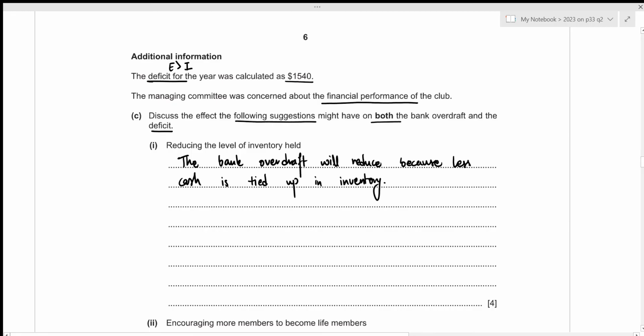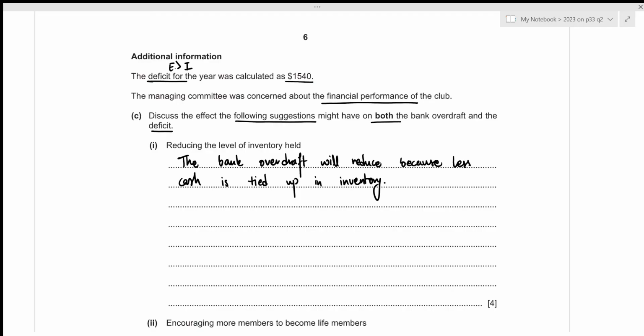Now we need to look for the impact within our deficit. Now remember that for our deficit, we just subtract our expenses from our income, right? And even if we reduce the level of inventory held, the total payment for the purchases is going to remain the same. There will be no changes. And inventory just refers to the remaining goods that we are yet to sell. And for those remaining goods, it will have to be purchased first, right?